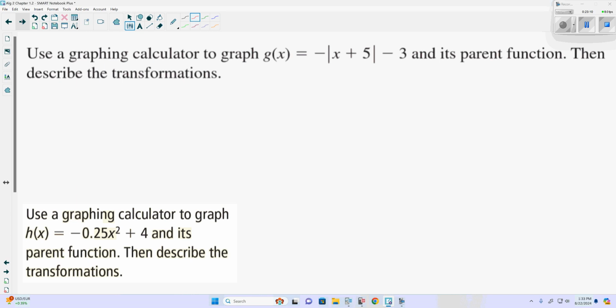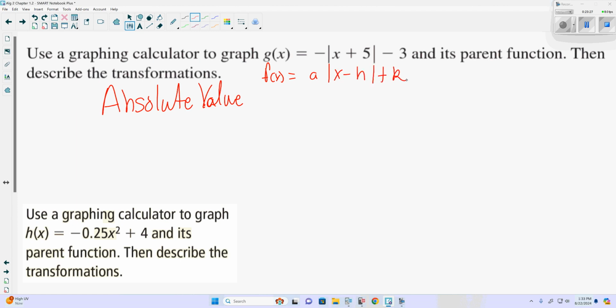Well, its parent is the absolute value. This one here, we actually have a value for A, H, and K. Doesn't matter which one we tackle first.